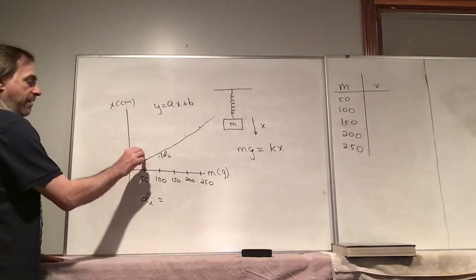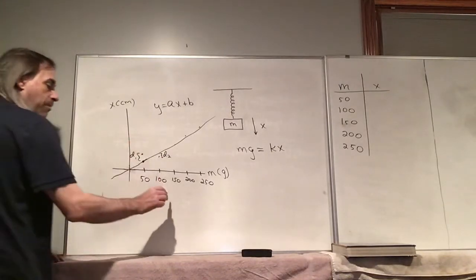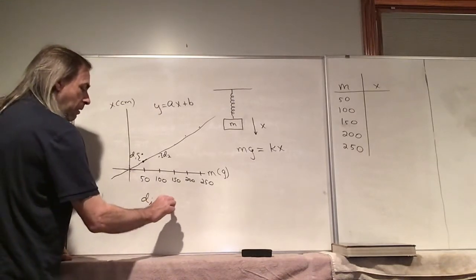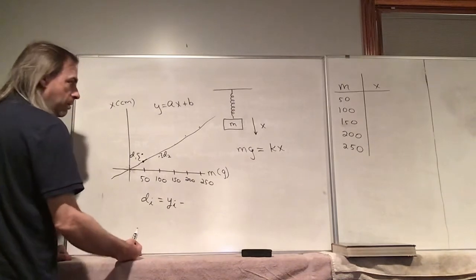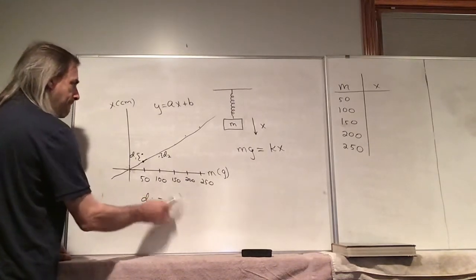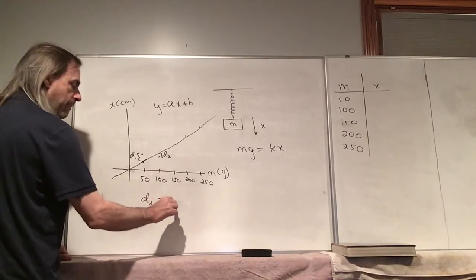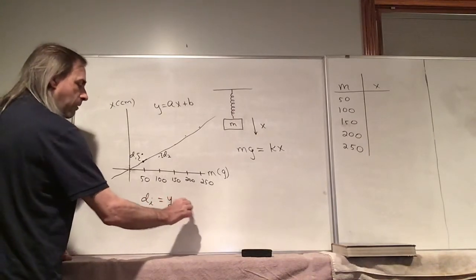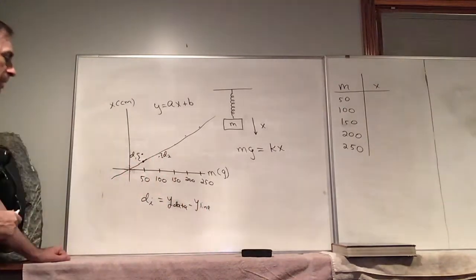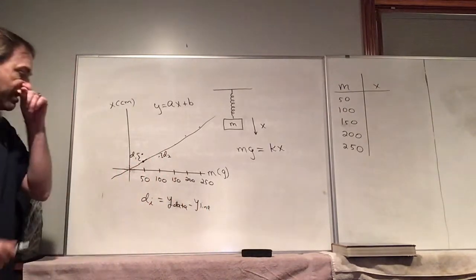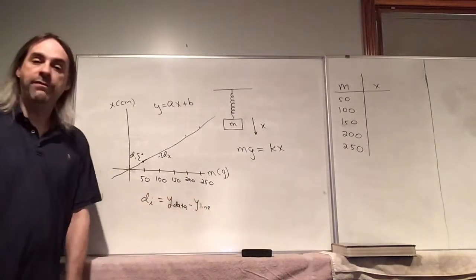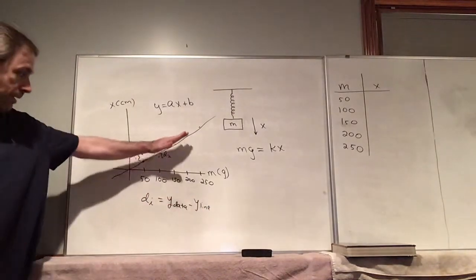Well, we'll say from the actual data point, I'm trying to come up with a name for that. Let's just call that y. Okay, so that distance D would be the y value for the data point minus the y value for this line.